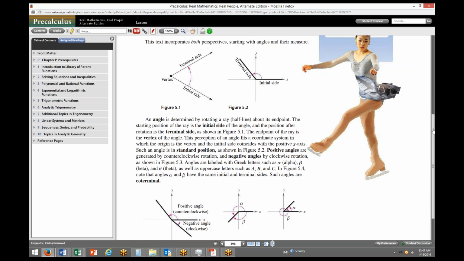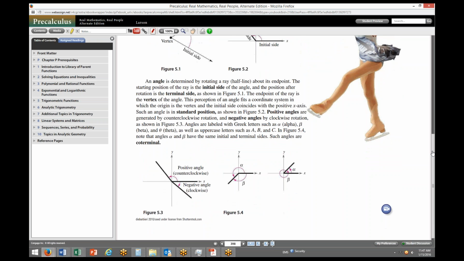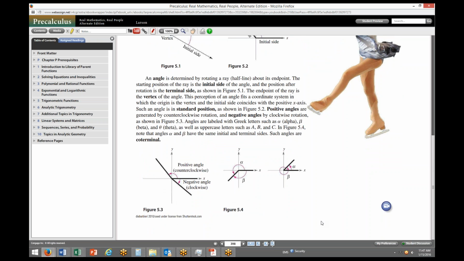Now, how are we going to name our angles? Typically, angles are named either with small Greek letters, as it says here, like alpha, beta, or theta, or uppercase English letters like capital A, capital B, capital C. And you can do that as long as you're only having one angle and it's not confusing to the reader.